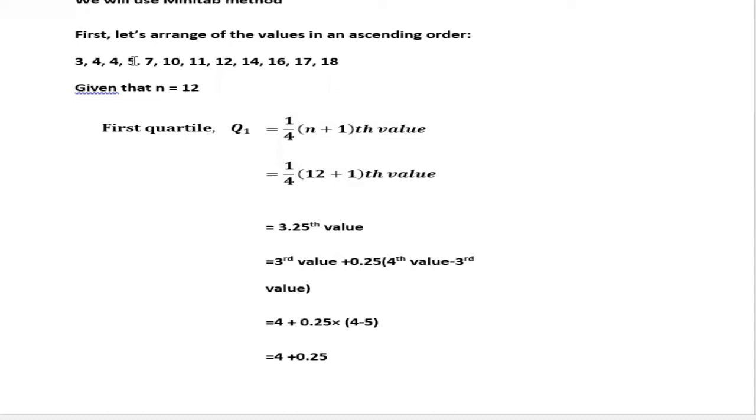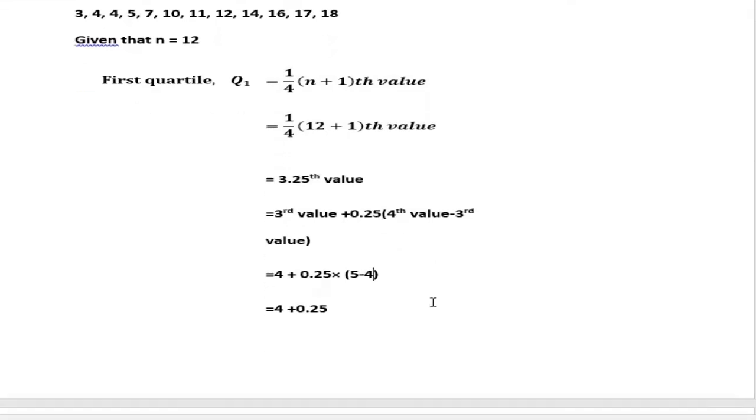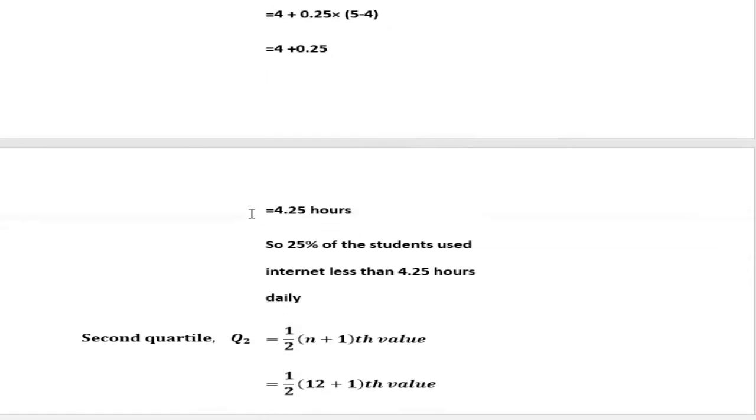The fourth value, I think, is 5, so I have to change it. The fourth value will be 5, and here is the 4. If you do the calculation, we will get 4.25 hours.